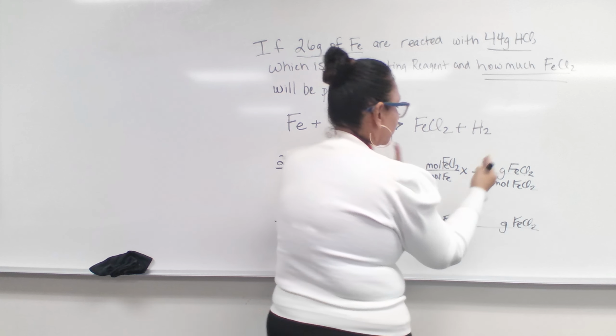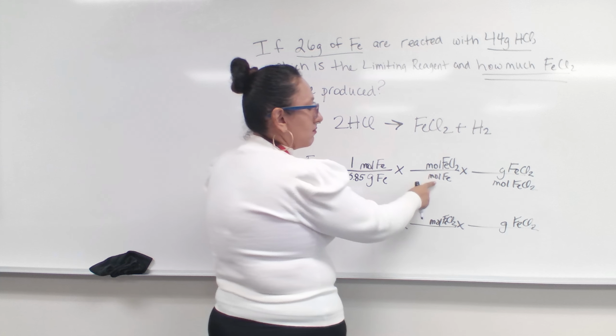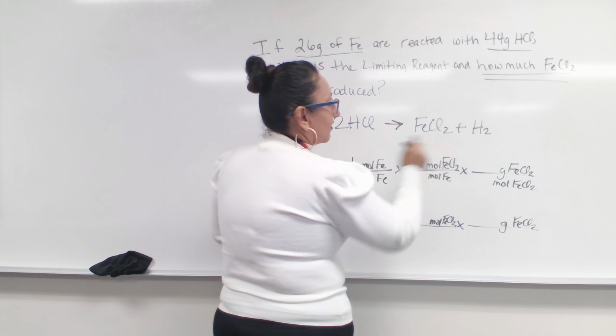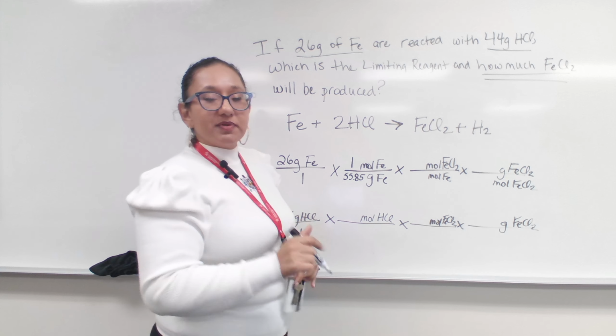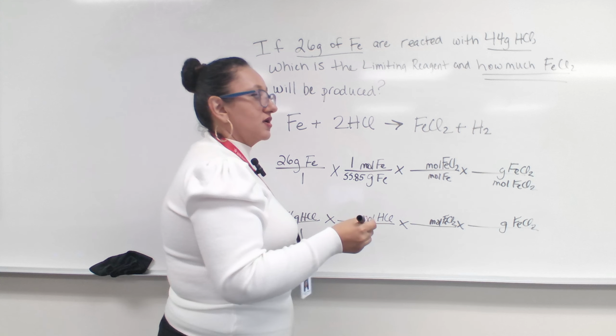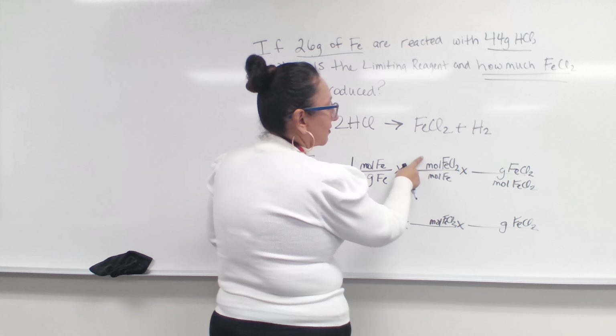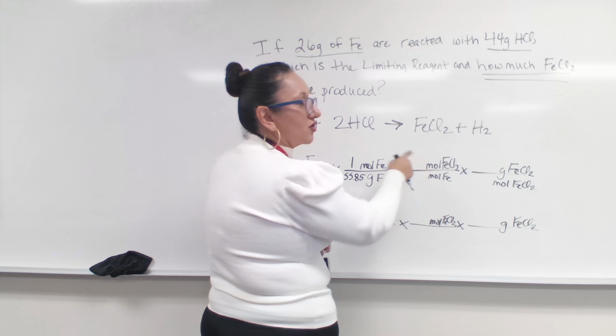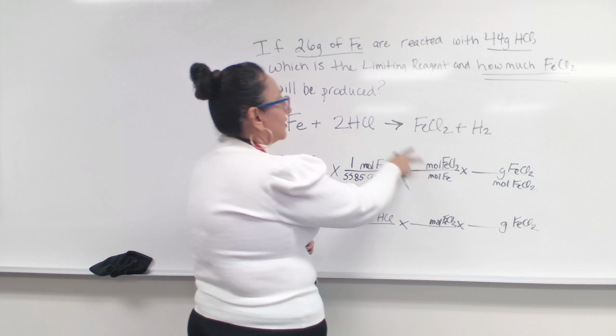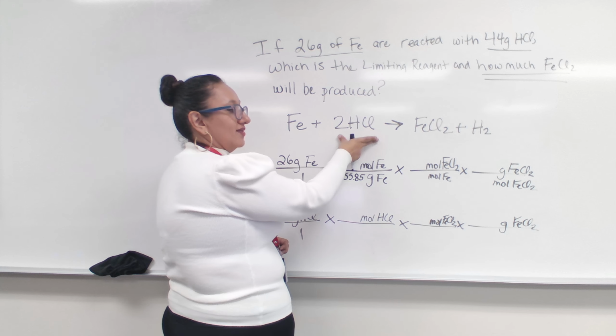Now I'm moving on to this relationship. Moles of iron to moles of FeCl2. The only place you'll ever get the relationship between something in moles to moles, called the molar relationship, is your balanced equation, your recipe.